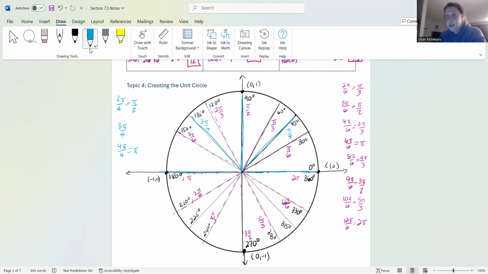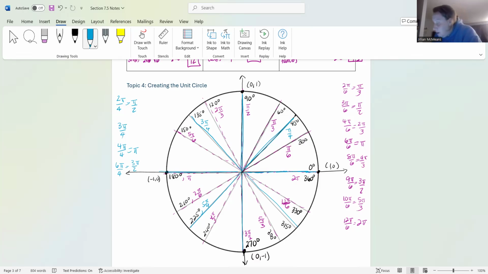Okay, now let's do the exact same thing from pi to 2 pi. We're going to split it into fourths. So we've got a fourth here, here, here, and then we get back to the positive x-axis, okay? So remember, we have pi over 4, 2 pi over 4, which is really pi over 2, 3 pi over 4, 4 pi over 4, which is just pi. That makes this 5 pi over 4. Then we get 6 pi over 4, which reduces to 3 pi over 2, which is already listed, okay?